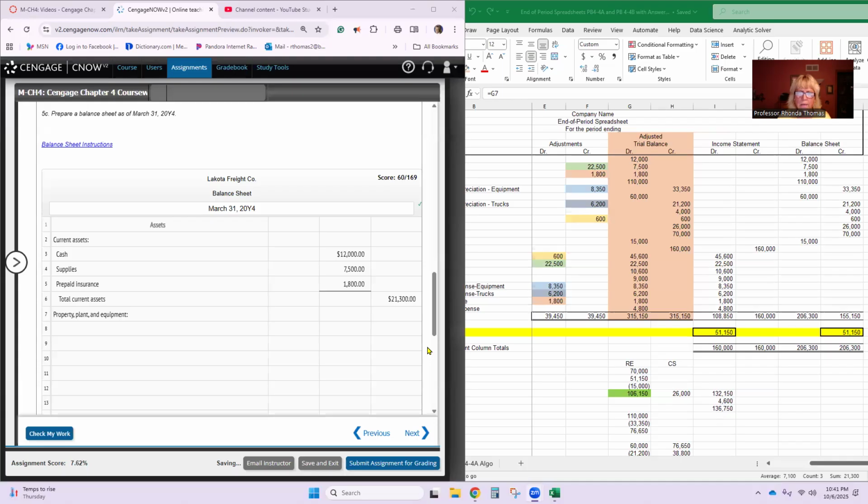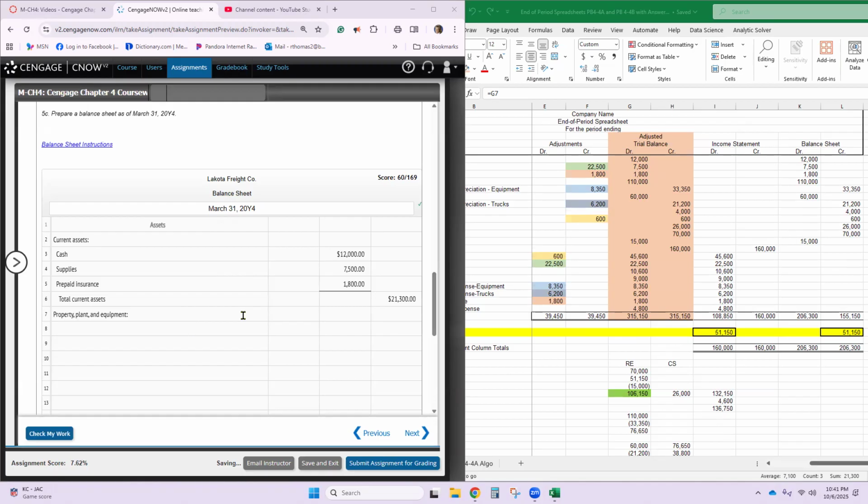All right. So the last thing we were working on before Zoom crashed was putting together this balance sheet for problem 4A. Once again, we're following along with the spreadsheet that hopefully you put in your adjustments for, and then once you do, your balances will come out, and the balance sheet information is over here.